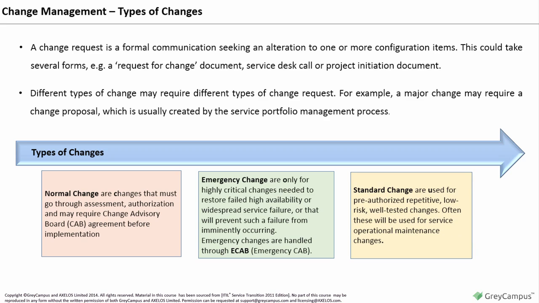Standard changes are used for pre-authorized, repetitive, low-risk, well-tested changes. Often, these will be used for service operational maintenance changes. Changes are often categorized as major, significant, or minor, depending on the level of cost and risk involved, and on the scope and relationship to other changes. This categorization may be used to identify an appropriate change authority.